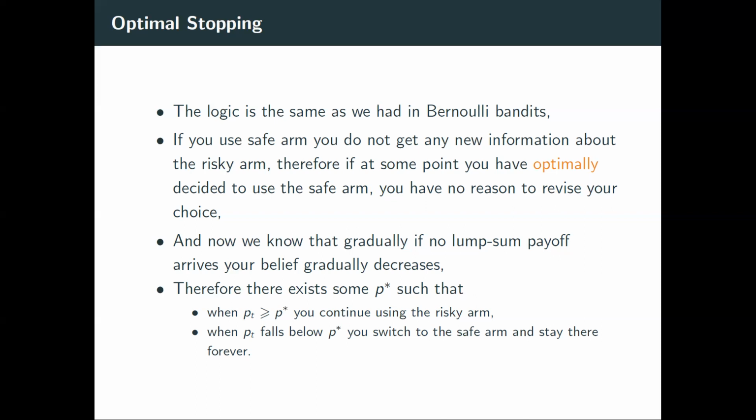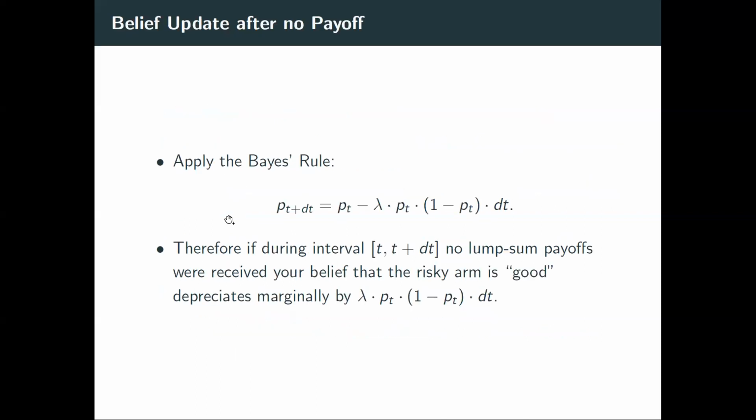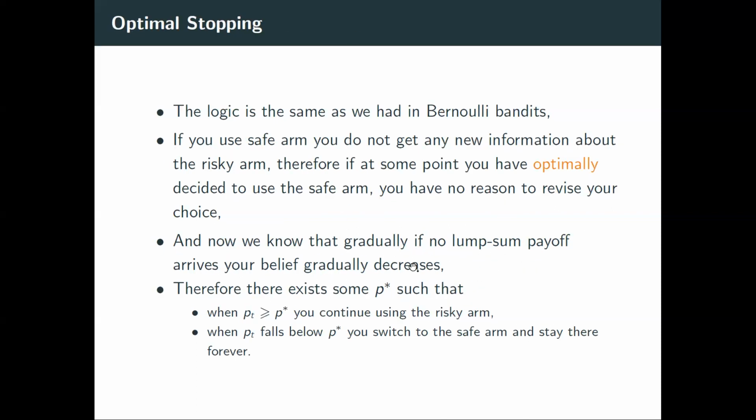And therefore, clearly, we now know that if you start with some initial belief, and for this initial belief you prefer the risky arm, then if you do not have any arrivals, your belief marginally depreciates, like that. So it becomes lower and lower.